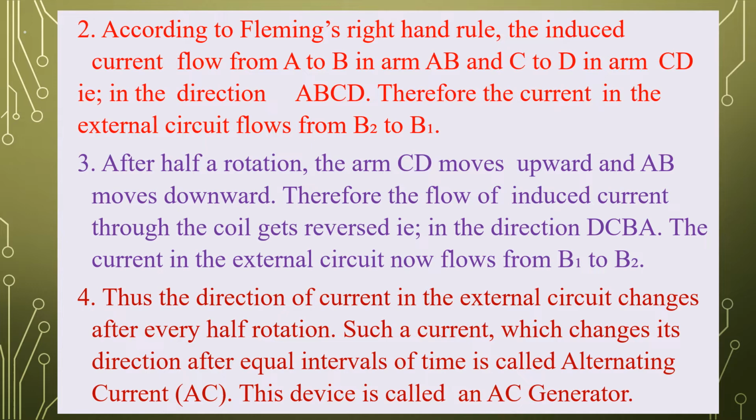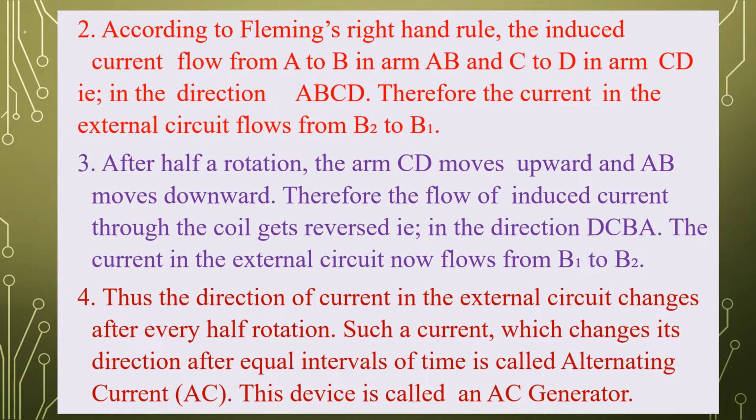After half a rotation, the arm CD moves upward and AB moves downward because their positions are interchanged. Therefore, the flow of induced current through the coil also gets reversed, that is in the direction D, C, B, A. Therefore, the current in the external circuit flows from brush B1 to B2.